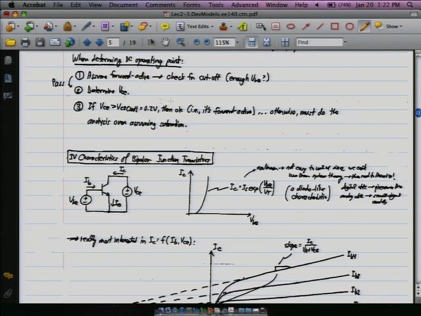So basically, is the voltage here at the base actually high enough that the diode is forward biased? And if it's not, you're in cutoff. I guess it's possible also that you're in reverse active, but most likely you're in cutoff if that happens.